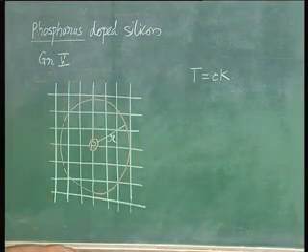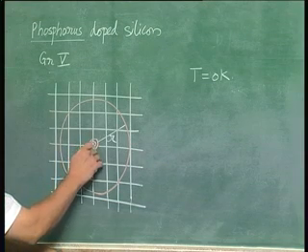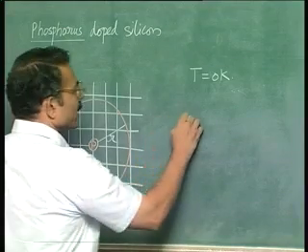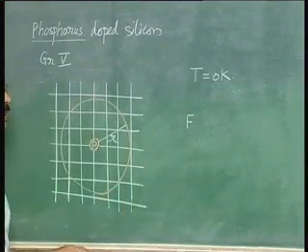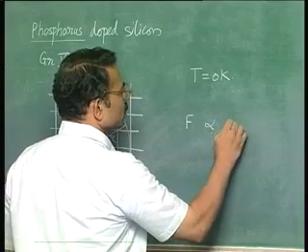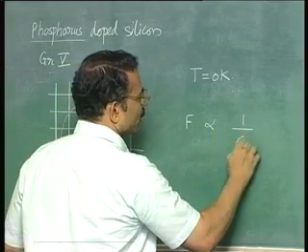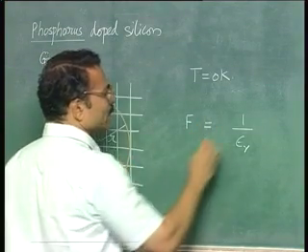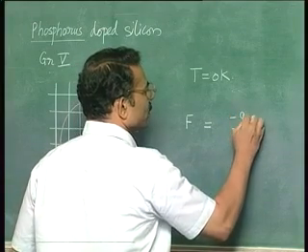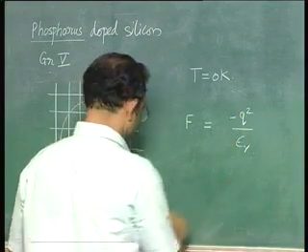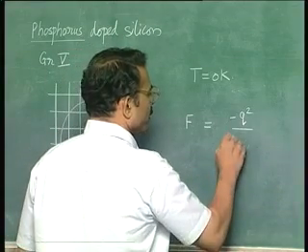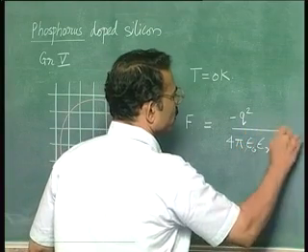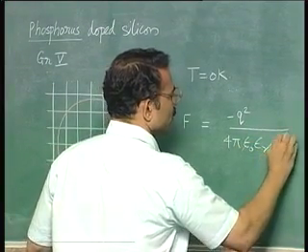Let us see why. The force between this positively charged phosphorus and the negatively charged electron, this force F, we know is proportional to 1 by epsilon r, because if you write an equality sign here, then the force is given by minus q square by 4 pi epsilon naught epsilon r square.